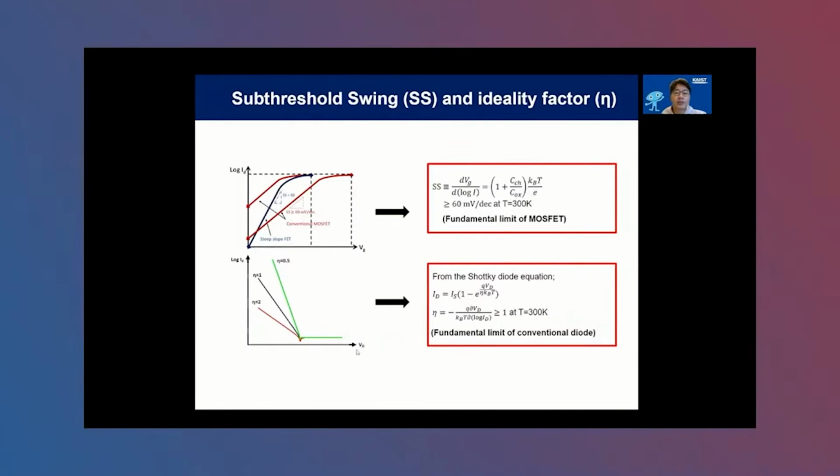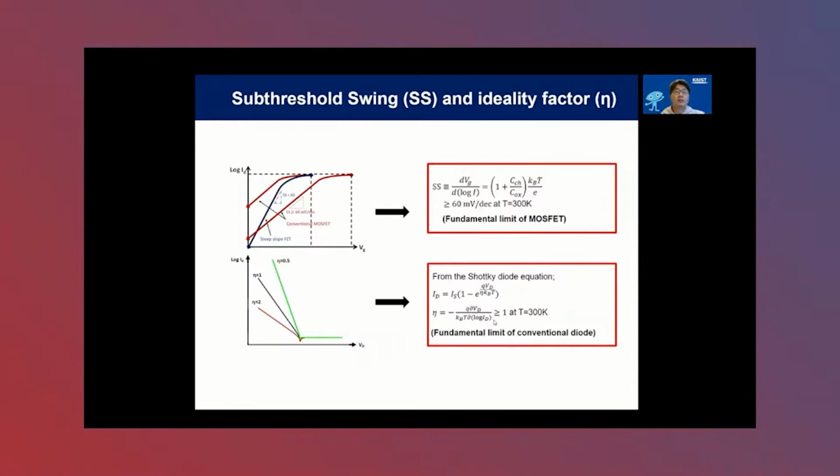If the ideality factor is smaller, then you can use smaller voltage to induce the same amount of current. But in a conventional diode, the ideality factor cannot be lower than 1 due to the Boltzmann distribution.